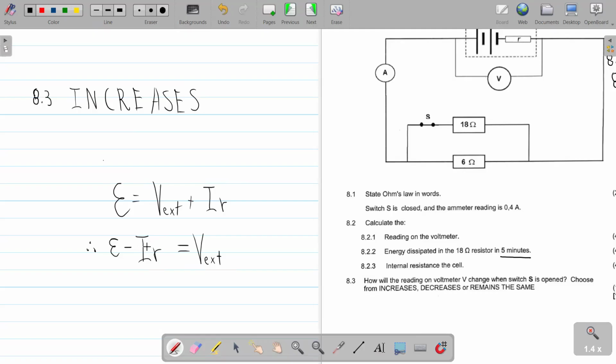Okay, so this means that there will be less lost volts. Okay. So this will go down. So if it goes down, then this will go up. So the answer will be increasing. Sorry about that. So the answer would be increases in this case.